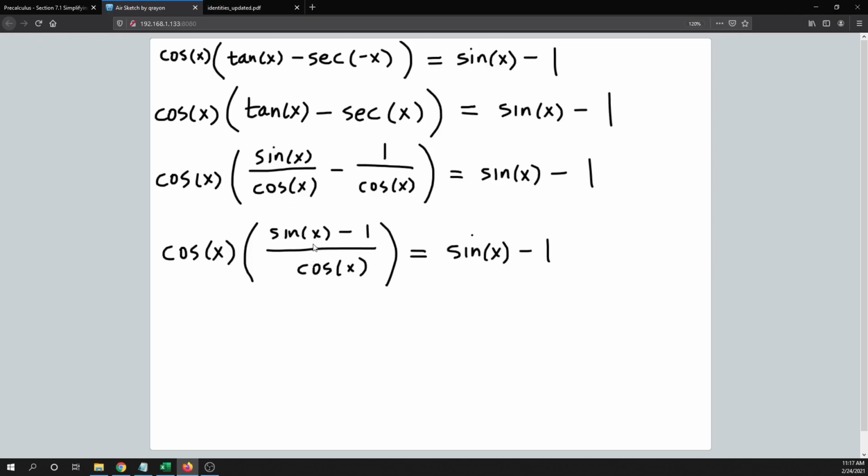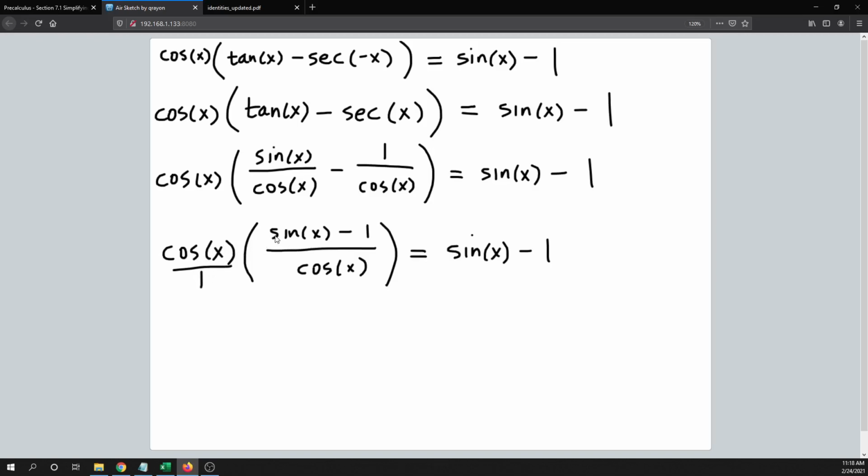Okay, and so you can see that's looking pretty good. Over here, I have sine x minus 1. That is exactly what I want to have over on the right-hand side. And I do have these cosines here, but I can easily get rid of those in the next step. If I write this cosine x as cosine x over 1, you can see I'm multiplying two fractions.